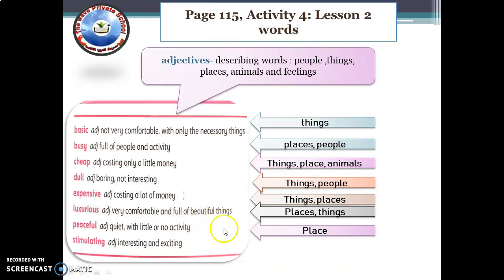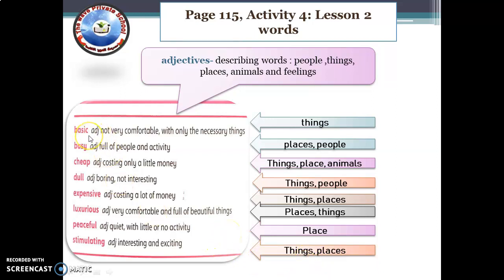It can describe a place, or even a feeling of a person. Next is stimulating, meaning interesting and exciting, when something or someone makes you happy and do things. It can describe things or places as well.